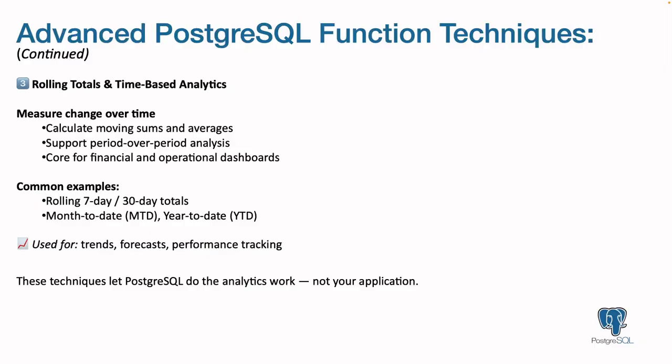Postgres handles this by combining time-based ordering with window functions so each row can see a defined range of previous rows. This is exactly the kind of logic that dashboards rely on to show growth, performance, and patterns over time. In general, these techniques let Postgres do the analytics work, not your application.